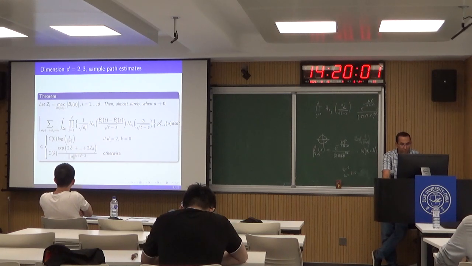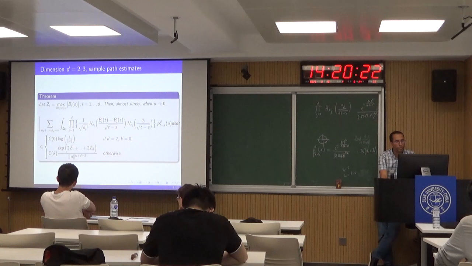This only happens in d equal to 2 and k equal to 0, in the first element of the expansion, and only in dimension 2. In dimension 3, we already said this, an upper bound here with the norm of u to the power of k plus epsilon times 2. What is k? Here n_1 plus ... plus n_d is equal to 2k.